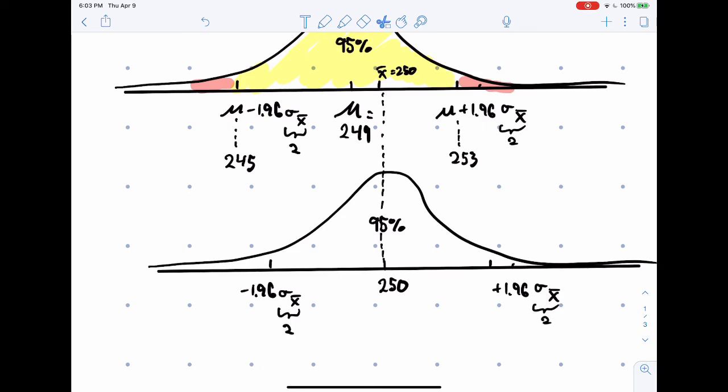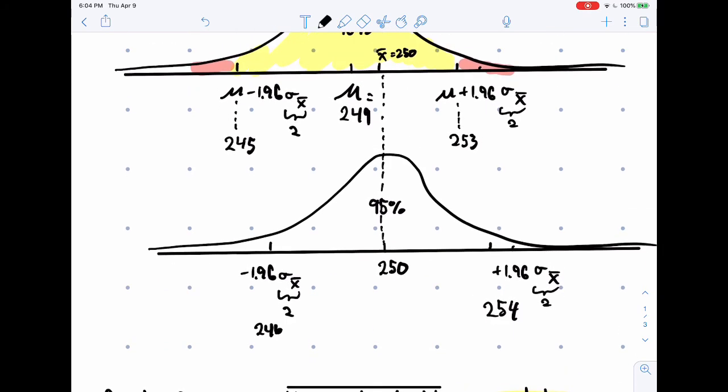So in this case, it becomes 250 minus 4, which is 246. And the area over here plus 1.9, so it's about plus 4. It is approximately 254. So using this, we would say, suppose that the true mean is still in the same place that it was before.